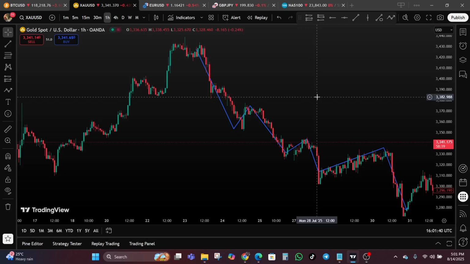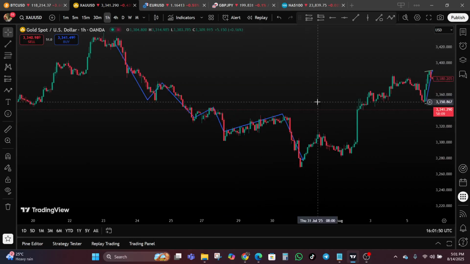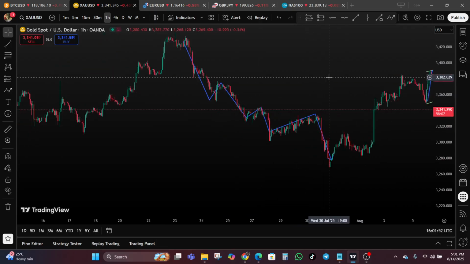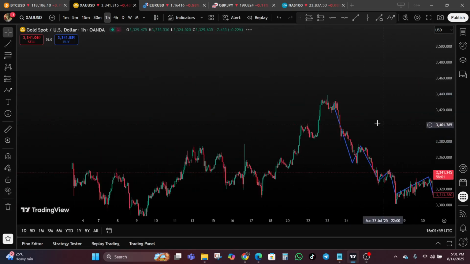For gold trading, order blocks on the 1 hour and 15-minute charts can give us some of the cleanest setups. We also pay close attention to liquidity zones. This is where the market seeks out orders before making a move.